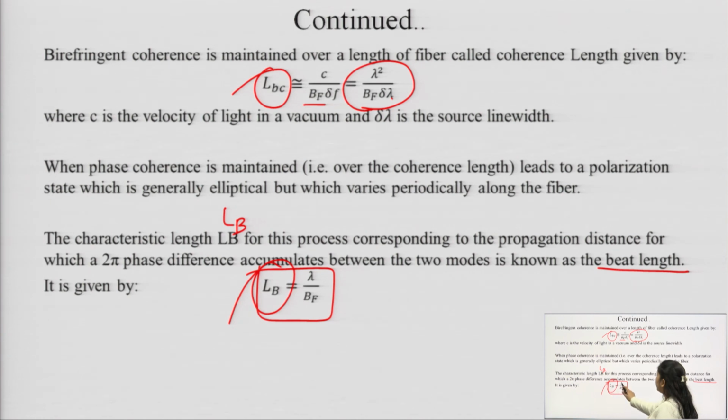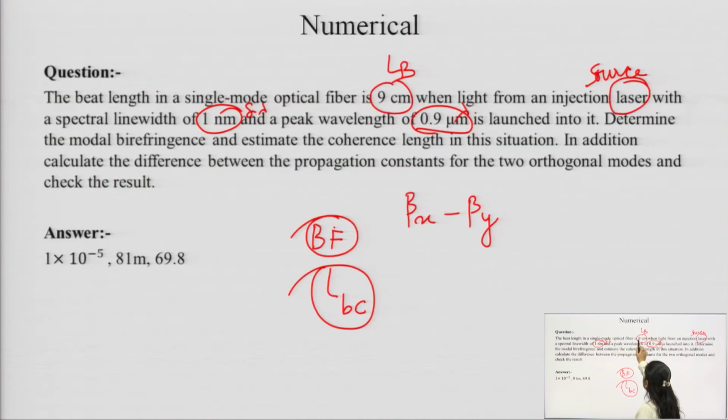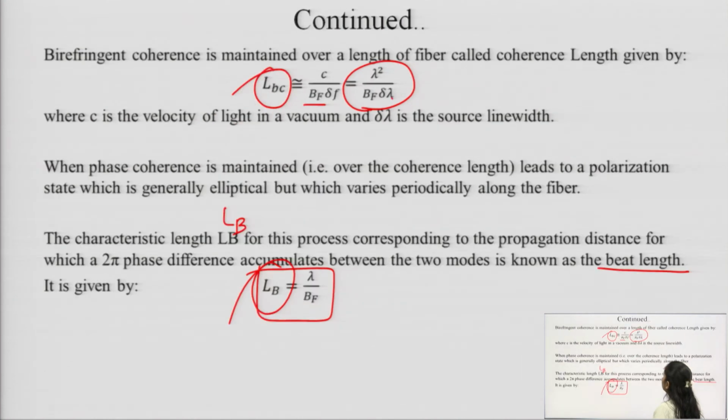Now, Lb is equal to lambda upon Bf. So, Bf should be equal to lambda upon Lb. The lambda value is given, that is 0.9 into 10 to the power minus 6, and Lb is also given, 9 centimeter. When we substitute, we get the value of Bf, the modal birefringence, equal to 1 into 10 to the power minus 5. Now, for calculating the coherence length, this formula can be used: Lbc equal to lambda square upon Bf into del f.